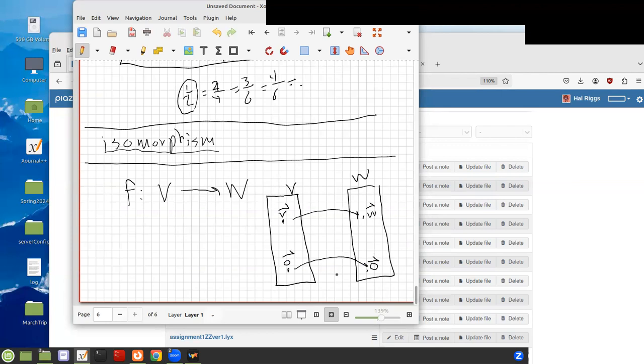Well, I can collect together over here all of the vectors that are images, and I can call that the range space.